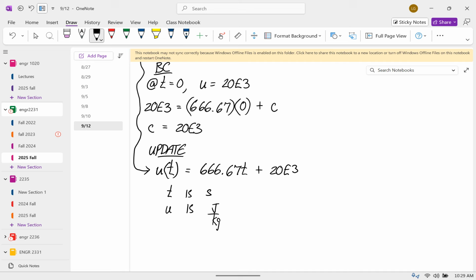Okay, so basically in the steady state cases, you never have to worry about functions of time. In the transient cases, it is possible mathematically to come up with functions of time.